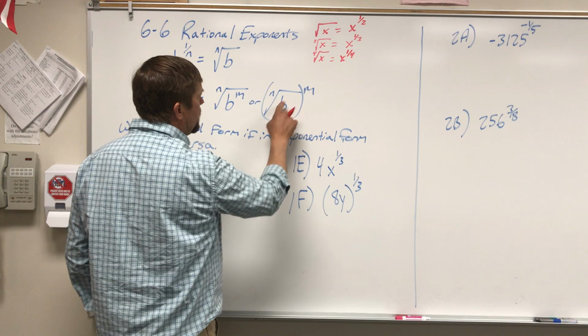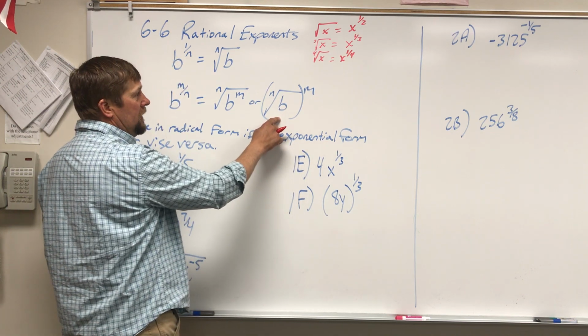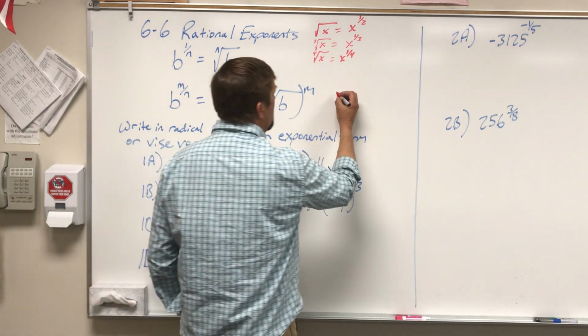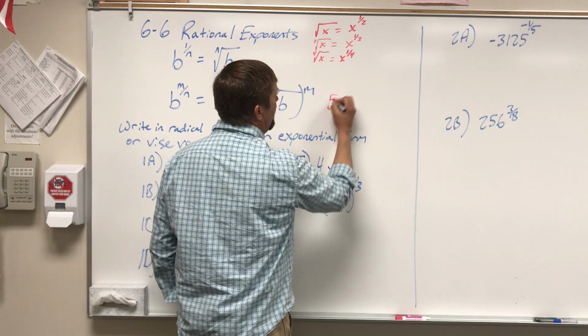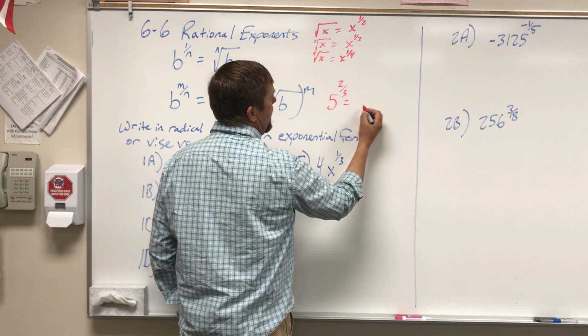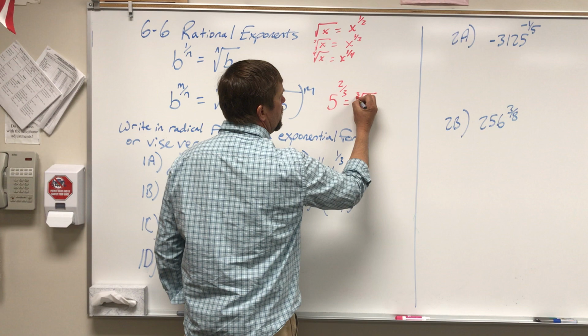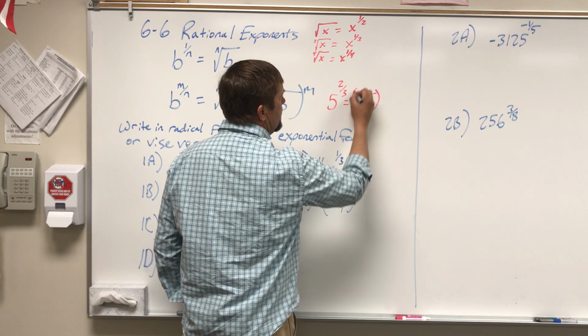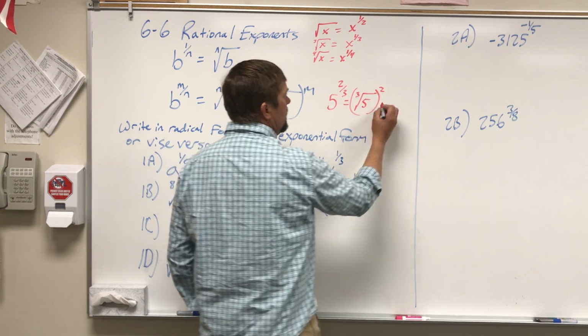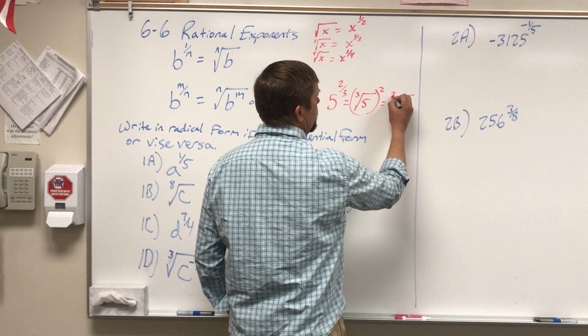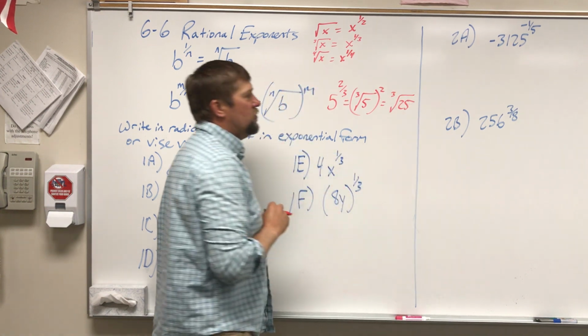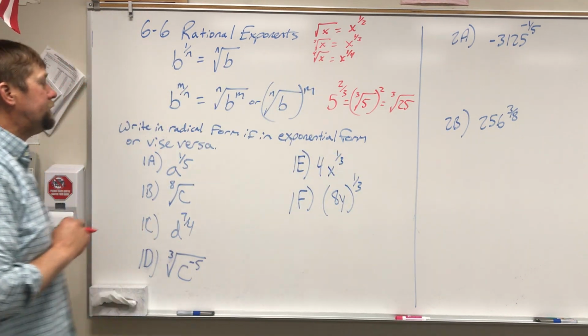Or you could do it this way, where you have the nth root of b to the mth power. So for example, if I have 5 to the 2/3, that's the same as either the cube root of 5 squared or the cube root of 25, because you could square the 5.